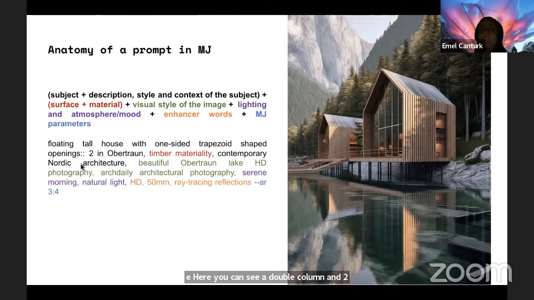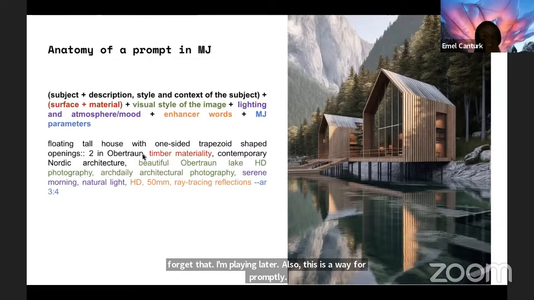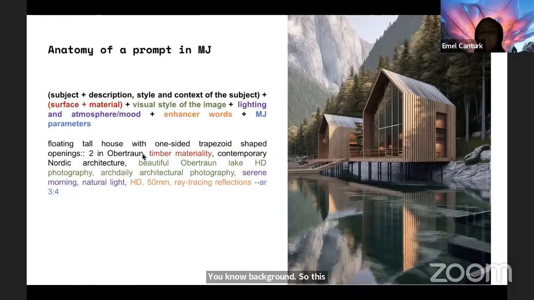So this is the first thing: what I want. What is the subject? What is the main description of it? Its geometry, its volume, its style, and what is the context?